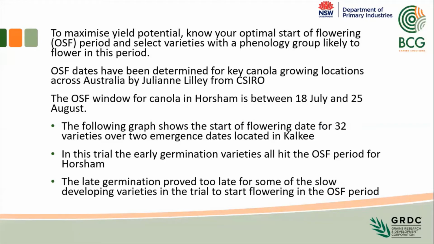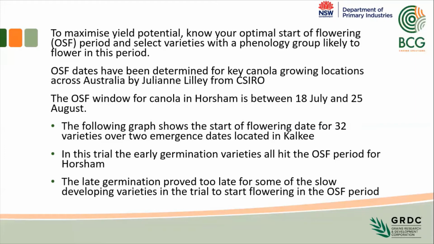As a little bit of a summary from this trial, the optimal start of flowering window for canola in Horsham, just near Kalkee where the trial was run, is between the 18th of July and the 25th of August, or you can talk of it as the 6th of August with a 38-day range, so half of 38 either side brings us to these dates. We had 40 different varieties and 2 different germination dates.